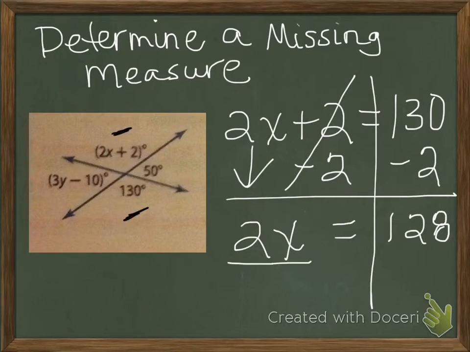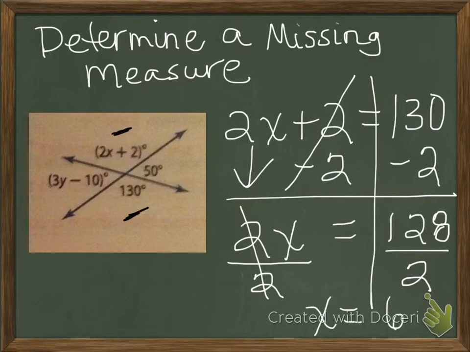So I must divide both sides by 2. This leaves me with 1x, and 128 divided by 2 is 64. So I know that the value of x is 64.